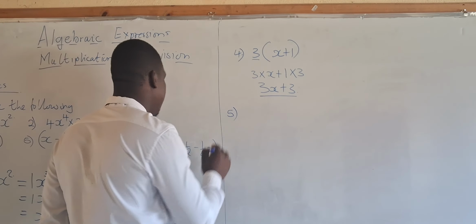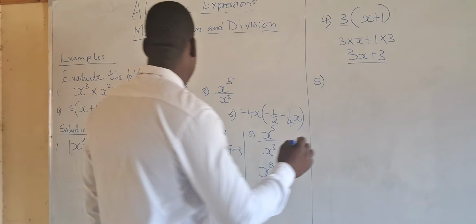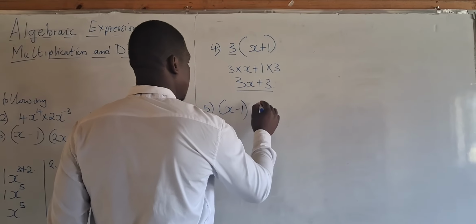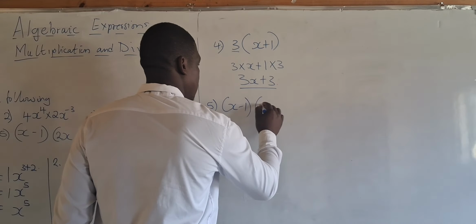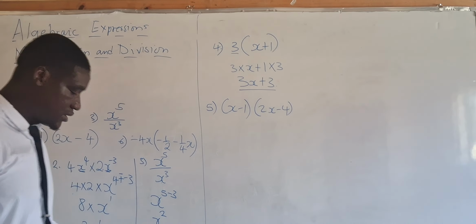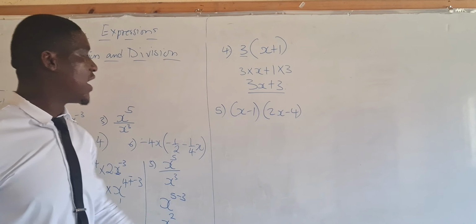We move to number 5. Number 5 is saying x minus 1 multiplies to x minus 4. So you can see that here we have 2 brackets.